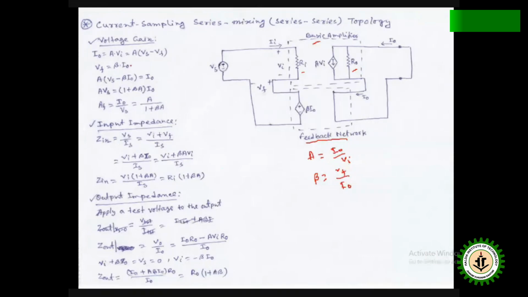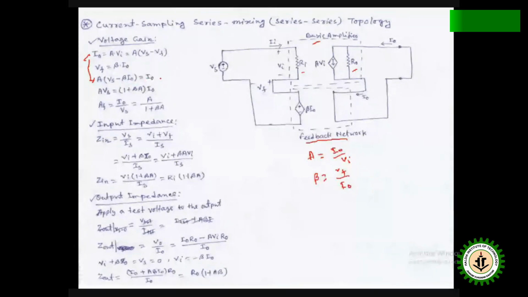So for the voltage gain, we can write I naught is equal to A Vi. Vi we can write as Vs minus Vf, and Vf is equal to beta I naught. So from these equations, we can write A into (Vs minus beta I naught) is equal to I naught.